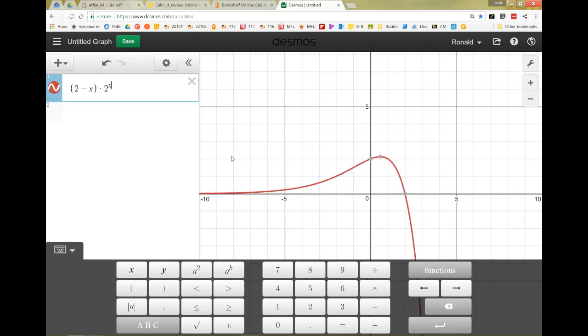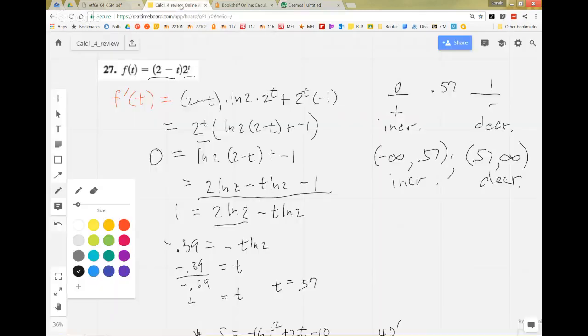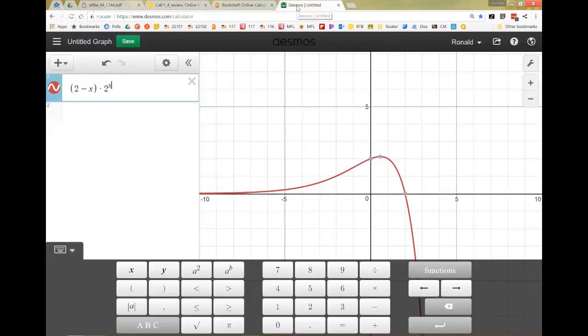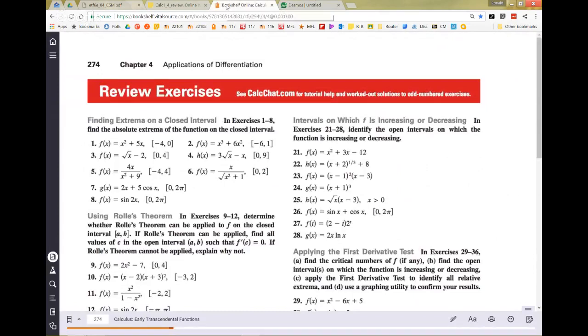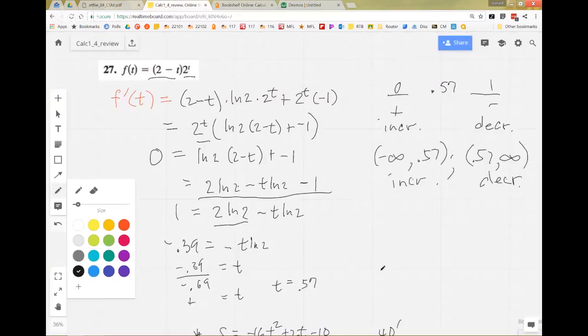All right, so, yep, there's that point. I said 0.57, it's actually 0.56. And before that, what did we say? It was increasing, and after it, we said it was decreasing, and that's what the graph shows. Increasing before 0.57, decreasing afterwards. So, all right, so that was number 27. Sorry, that got spread out quite a bit.